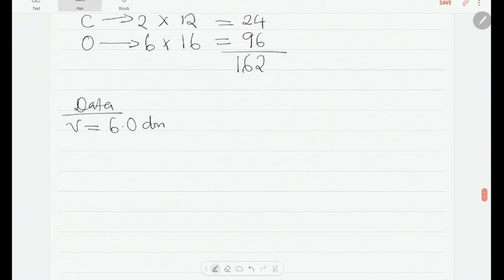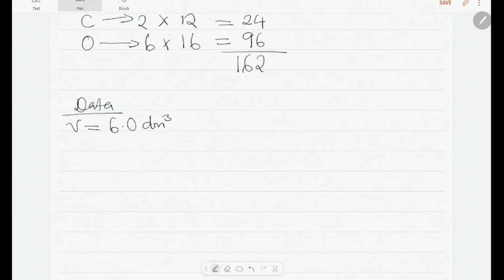But the question is asking us to find the number of molecules that are found in that volume. And then we've also been given the condition, which is room temperature and pressure. So for us to do that, using the condition which is given there, we go to Avogadro's law.